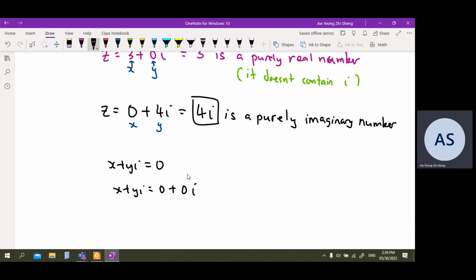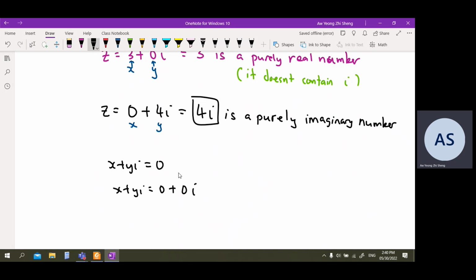And then upon comparing both sides, later on page 7, we will learn about equality of complex numbers, and it's that property that allows us to compare the two sides when we have two equal complex numbers being equated.